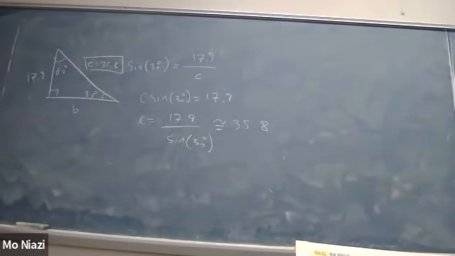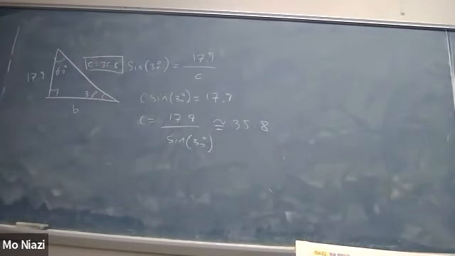Okay, so now let's do one of these guys. Sine of 32, which equals what? 24 over c. Correct.